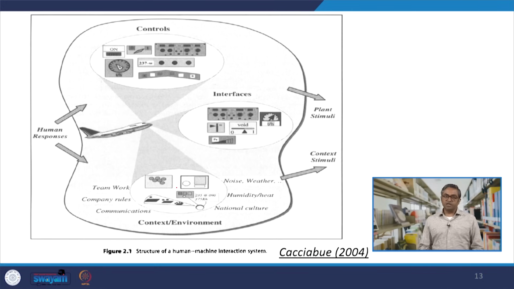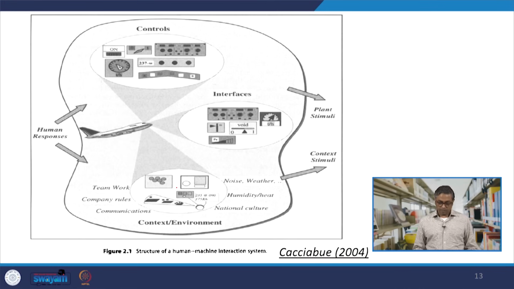Different stimuli are there which the pilot has to encounter. Some could be visual in nature, some could be auditory, some could be tactile, and some could be olfactory as well. Along with that, the coordination between the pilot and air traffic controller, along with other pilots and other traffic controllers, is teamwork.